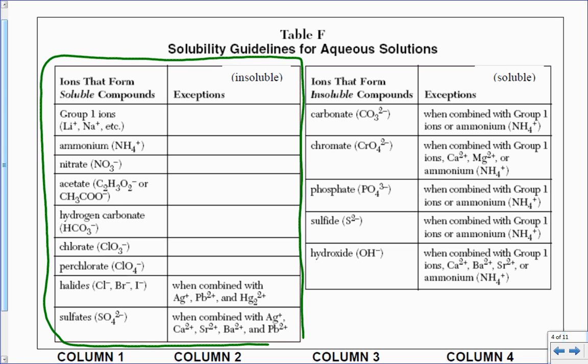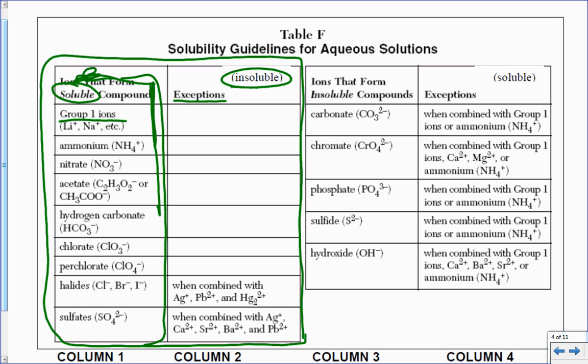The reason why I want to start on this side is it is ions that are soluble, and the exceptions for soluble are insoluble. So this is how we read it. All group 1 ions are under the soluble line, so everything over here is soluble.